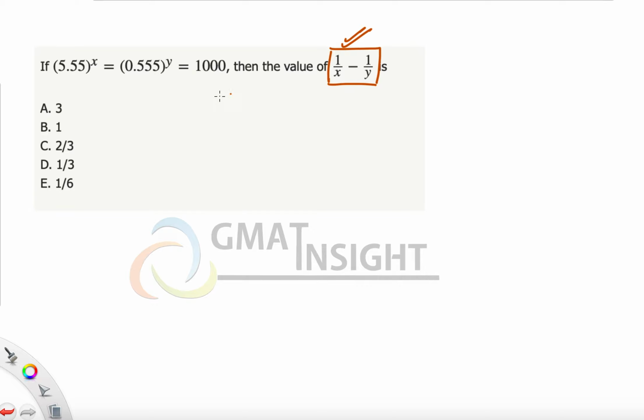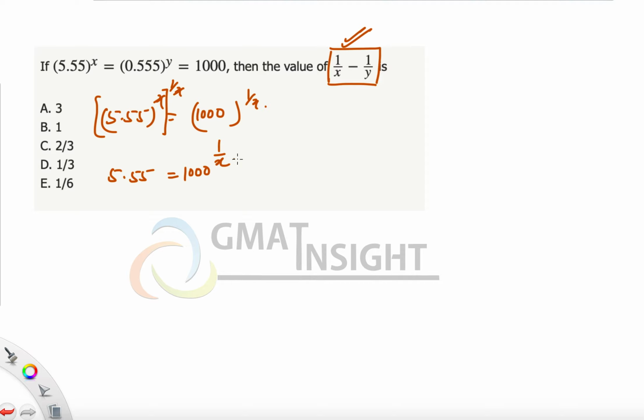input. So the very first thing that we can do is we already have 5.55 to the power x is equal to 1000. So what I'm doing is I am taking the power 1 over x both sides, because that gives me an expression of 1 by x at some place. So we have 5.55, and here the powers get cancelled out, becomes equal to 1000 raised to the power 1 over x.